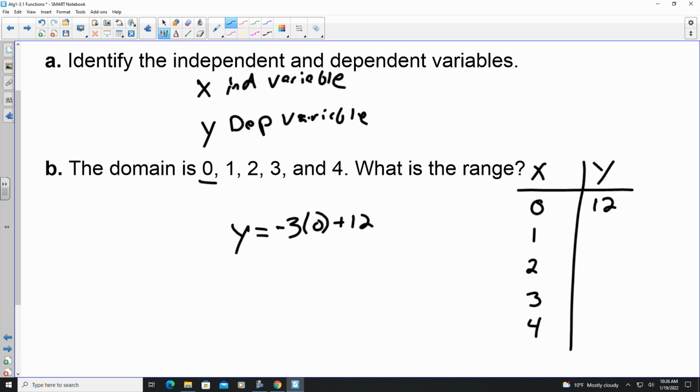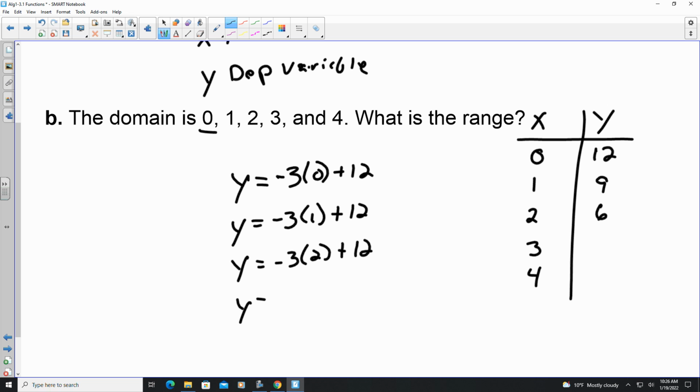I go over here, next one, negative 3 times 1 plus 12. That's going to be 9. y is equal to negative 3 times 2 plus 12. That is 6. y is equal to negative 3 times 3 plus 12. I get 3.